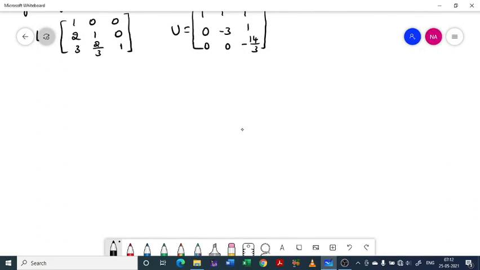And now putting Ly equal to B, putting Ux equal to Y, where Y equal to Y1 Y2 Y3 transpose.